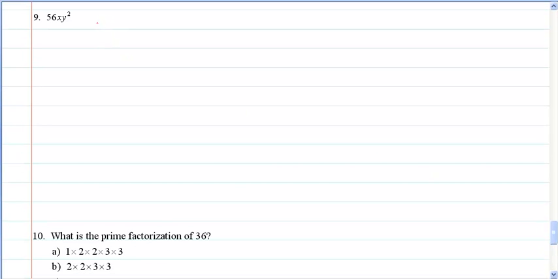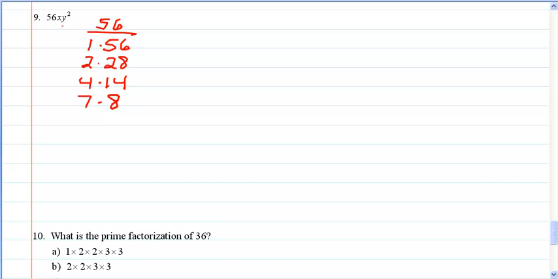Next, for 56xy squared, again I start by listing the factors of 56, starting with 1. 56 is even, so we know that 2 will work. And when we list all the factors, we will end up with these 8 numbers. And then for my variables, I have x, y squared.